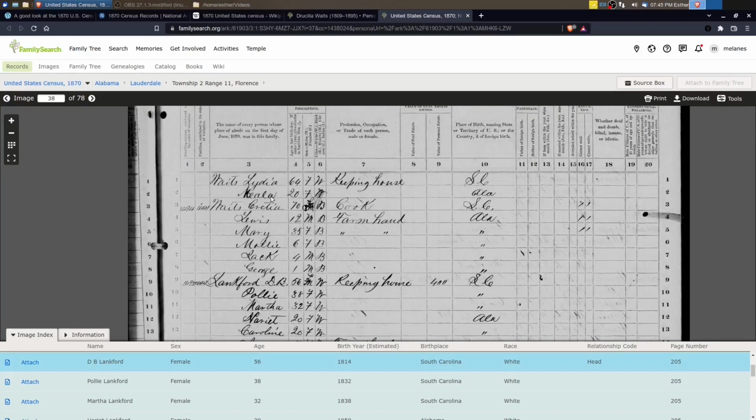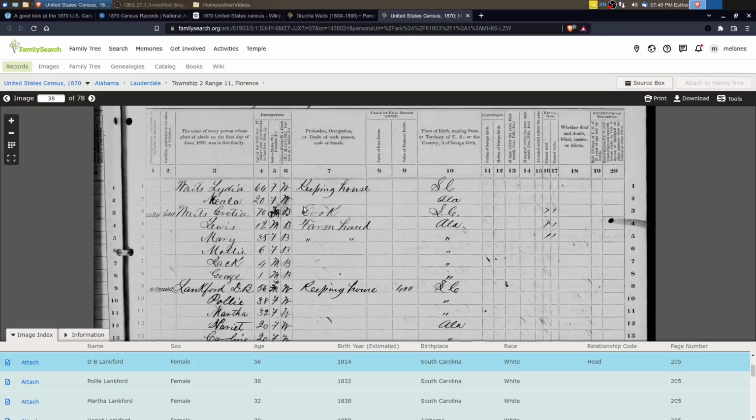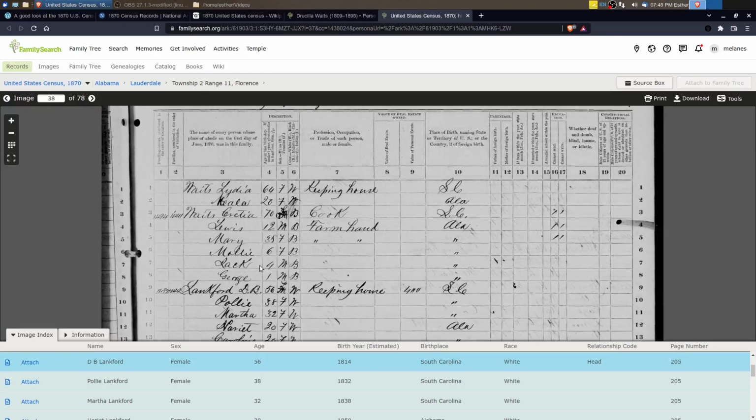And then you'll notice right below James Waits' family is a listing of people that were probably previous slaves to James. We know in the previous census that James did have slaves, so these are probably some of those people. It's so nice to see them named and have some information about them, because previously the census didn't record that information, and so here it is now.